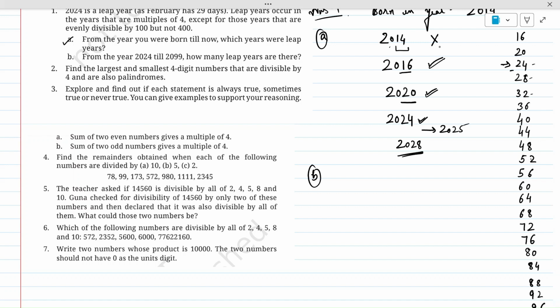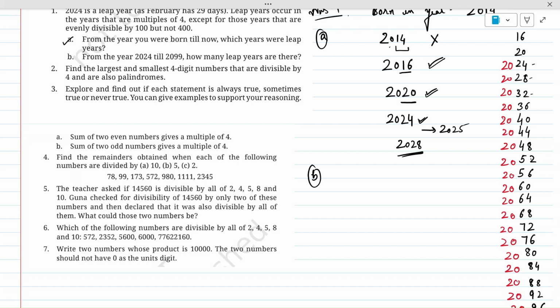So I can just add the year to it. That is 2024 is the first leap year, 2028, 2032, 2036, 2040, 2044, 48, 52, 56, 60, 2064, 2068, 2072, 2076, 2080, 2084, 2088, 2092, and 2096.